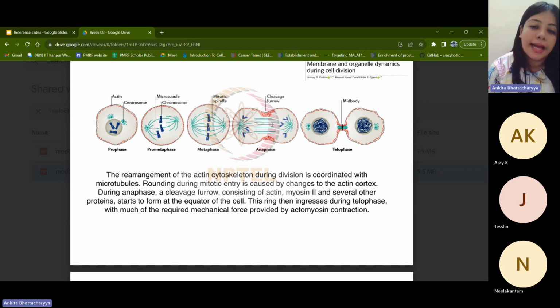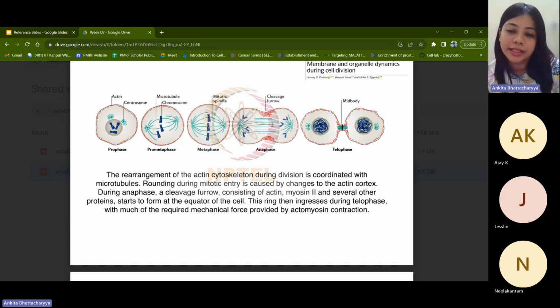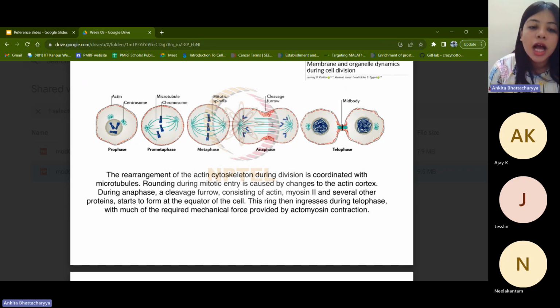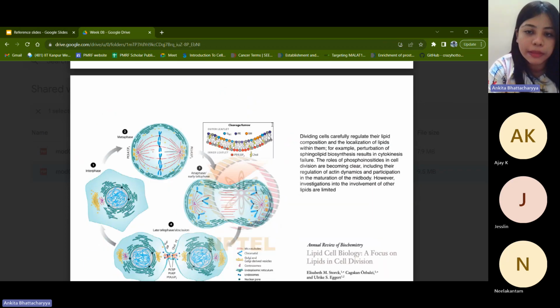That is mediated by actin, myosin 2, and several other proteins. In some cases, the actin bundle is also indicated in later stages, towards telophase. It starts to form at the equator of the cell, and the ring slowly ingresses during telophase, providing the mechanical force required to split the cell into two. Then the midbody is severed, and cytokinesis is completed.